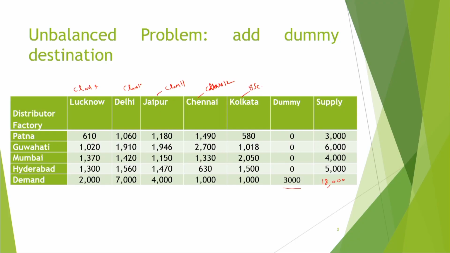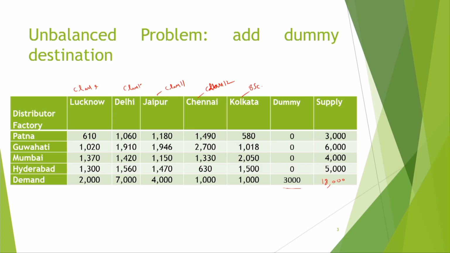Similarly, instead of these distributor factories, you can consider workers, worker number 1, 2, 3, 4, and then these may be jobs. You know that each worker quotes a different amount of money for each job.